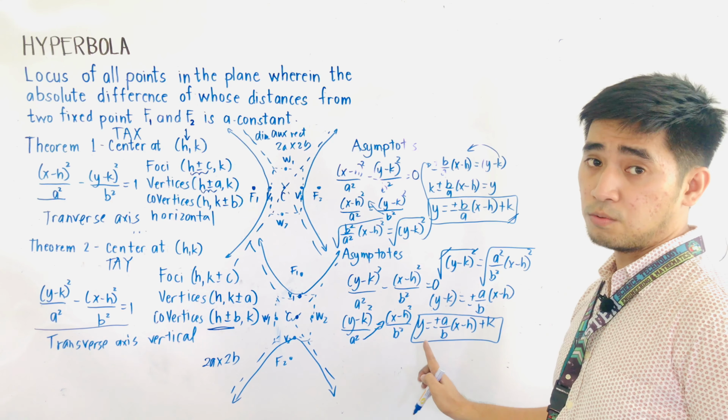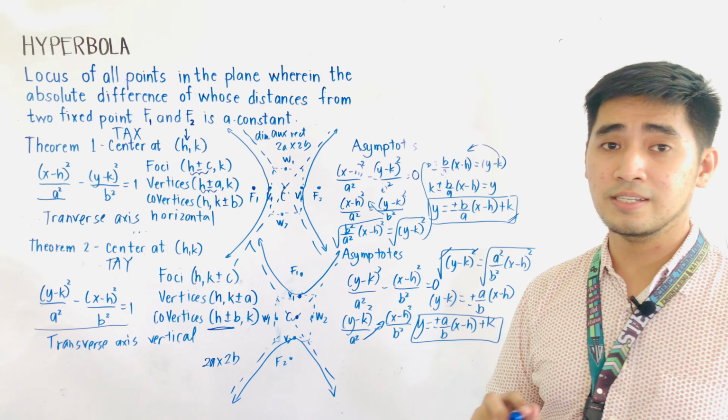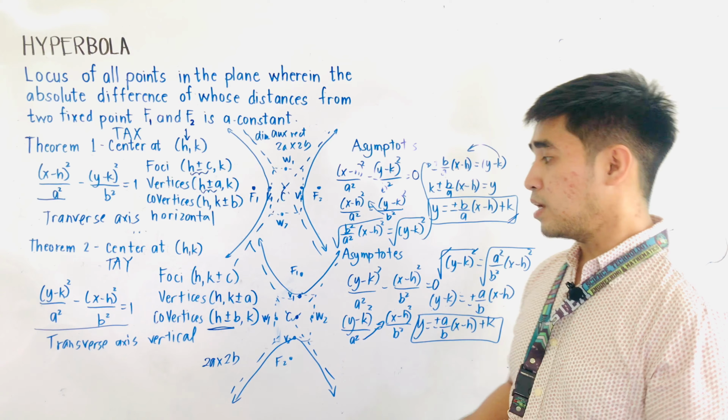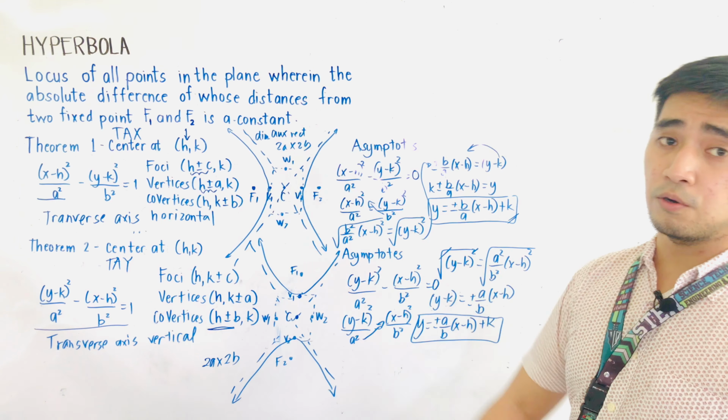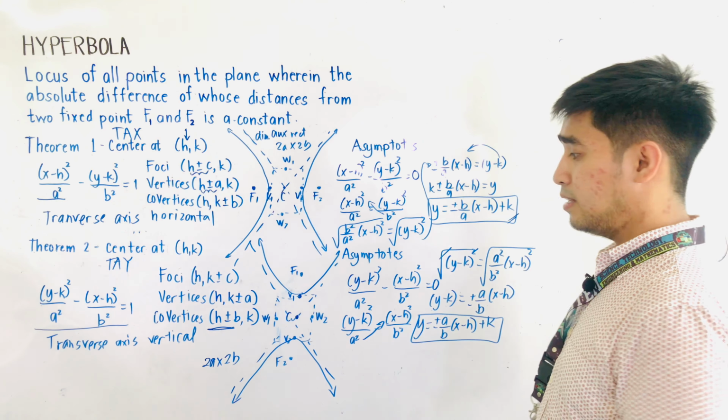Again, this is not just one equation. This will be two equations, one positive and one negative. Same is true with transverse axis horizontal. Again, this is how we get the coordinates of the foci, the vertices, and the co-vertices. And also, this is how we solve for the equation of the asymptotes.